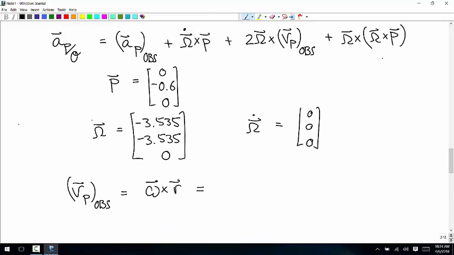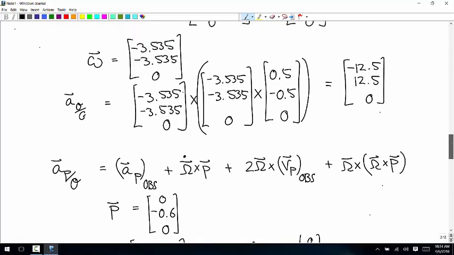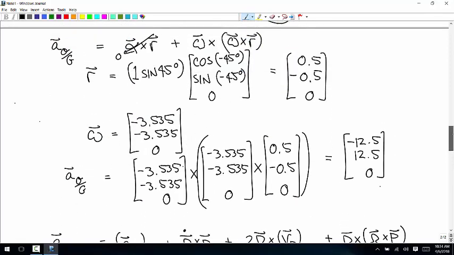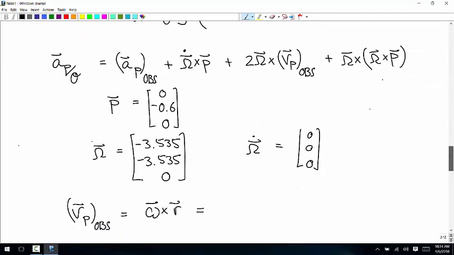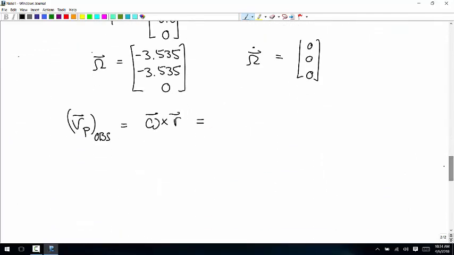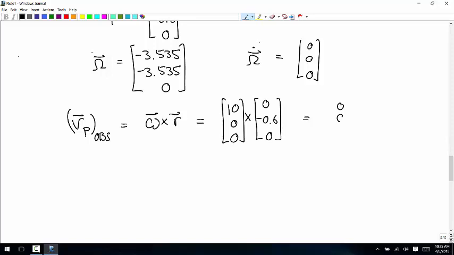In this case, P and R happen to be the same thing, but yeah, you're exactly right about that. So what's that lowercase omega? Yep, in the positive x. Yep. So 10, 0, 0. R and P in this case happen to be the same. So that's 0, negative 0.6, 0. And that's 0, 0, negative 6.